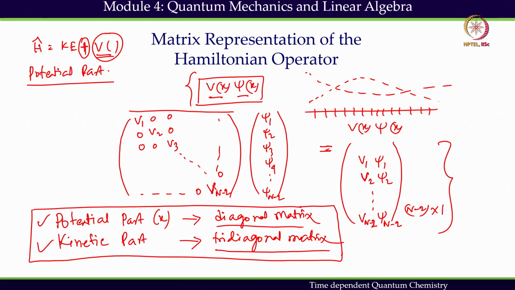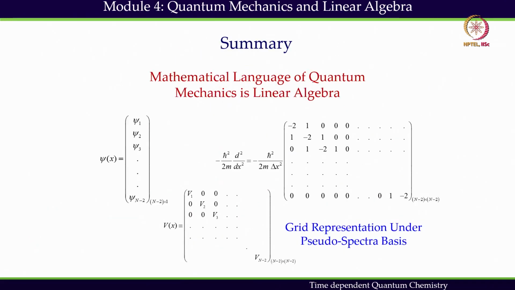With this we have come to the end of this module, where we have discussed quantum mechanics and the connection between quantum mechanics and linear algebra. We have shown different linear algebra terminologies, and also the analytical approach using matrix algebra: how can I represent different operators?